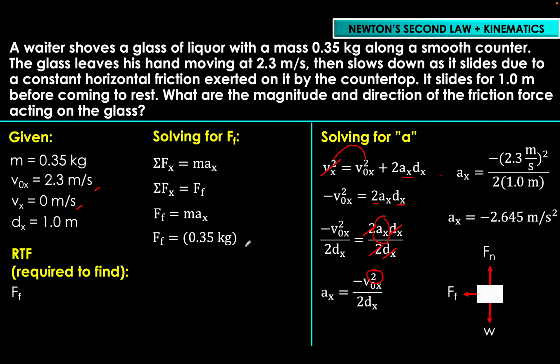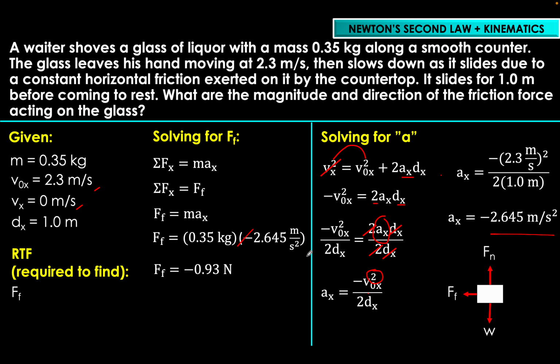So the final answer that we're looking for is the frictional force. So at this point, now that we know the acceleration and we have determined it using kinematics, we can now go back to our second law equation, which is still hanging in here. So again, frictional force is mass times acceleration along x. So you just need to plug in the missing acceleration value here, and that is negative 2.645 meters per second squared.